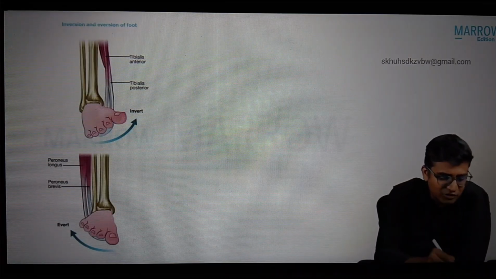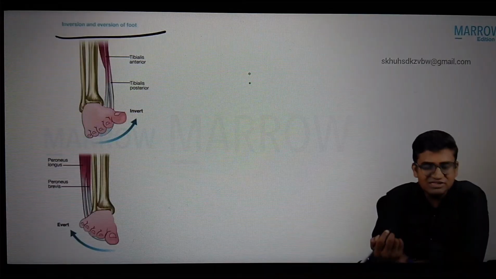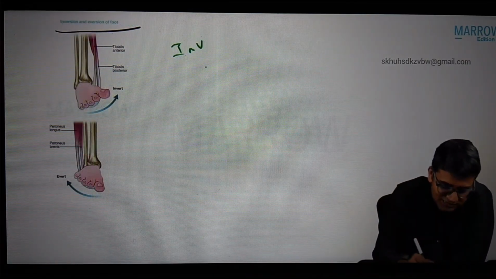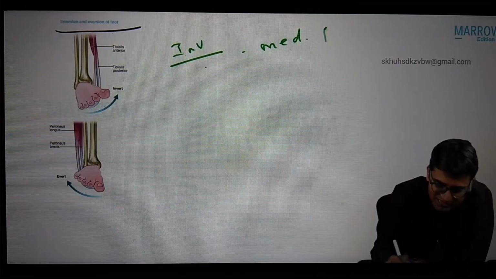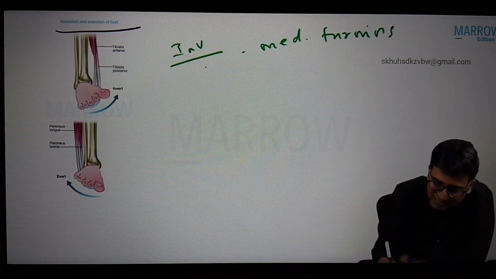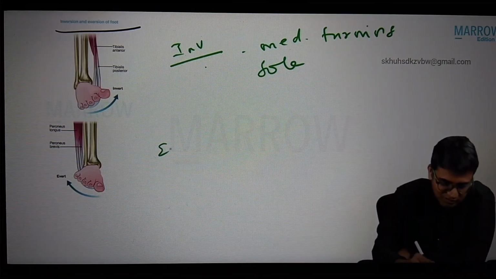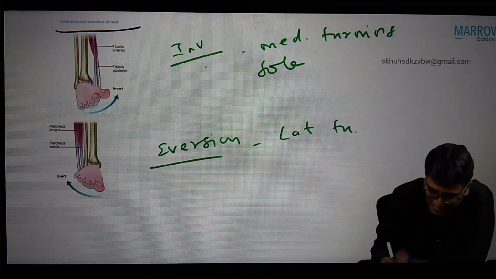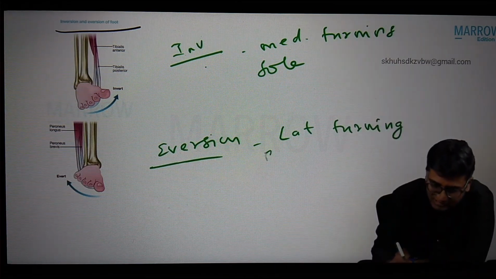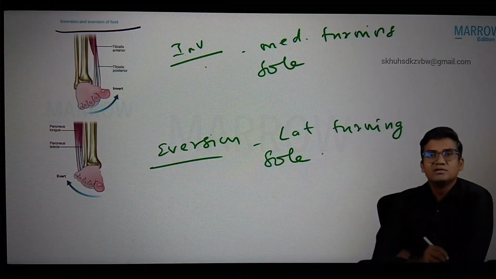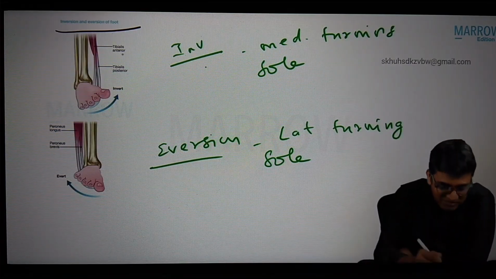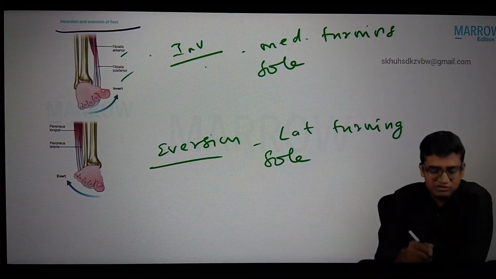Now, what are the muscles doing the inversion eversion? Inversion is the medial turning of the sole. Eversion is the lateral turning of the sole. Inversion is done by muscles on the medial side. What are those?